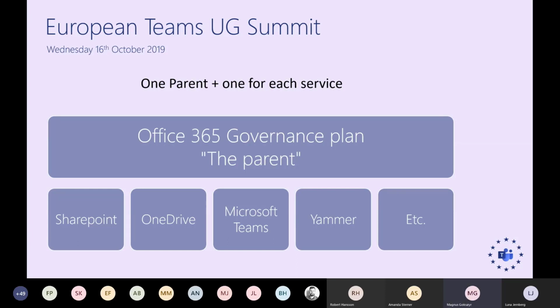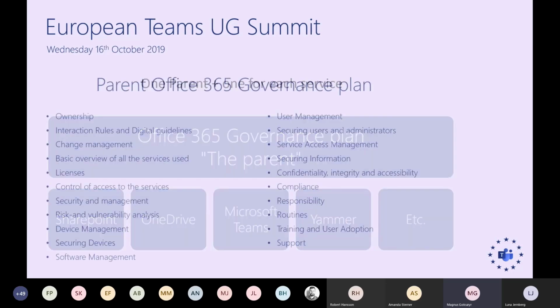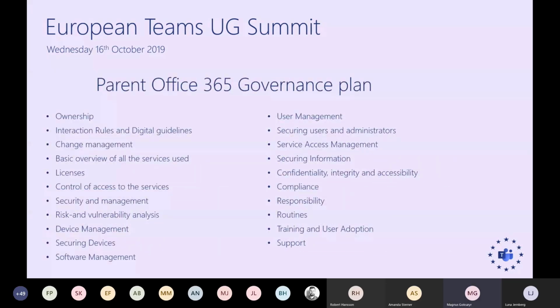So what information should a governance plan contain? The parent governance plan should contain information that is relevant for all the underlying services, such as how you secure devices, identities, and data, how you manage on and offboarding of users, for example, when someone starts at a new company and when someone ends his employment.